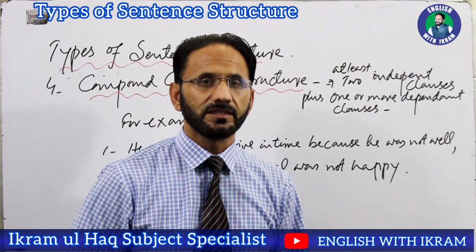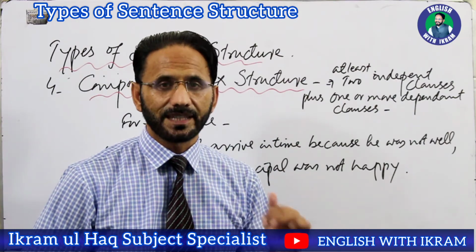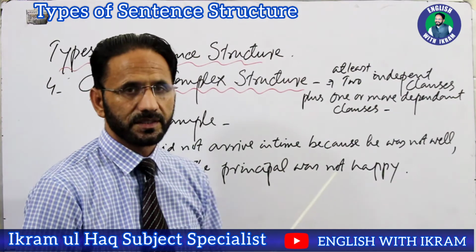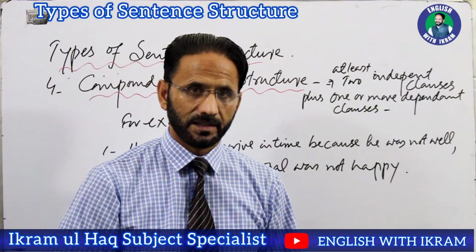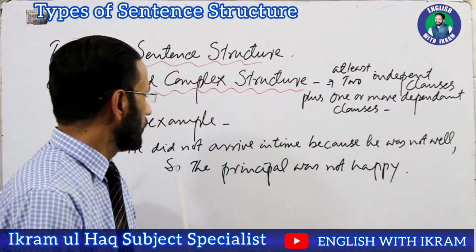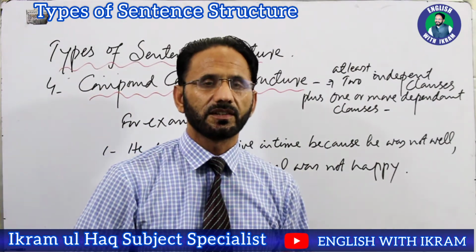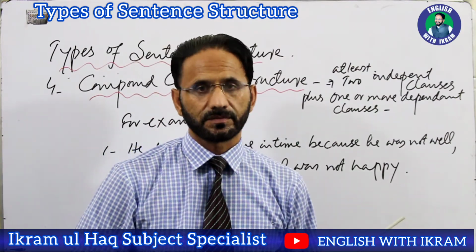This is another clause. So this is a compound complex sentence structure. He did not arrive in time because he was not well, so the principal was not happy. This is the combination of independent and dependent clauses.